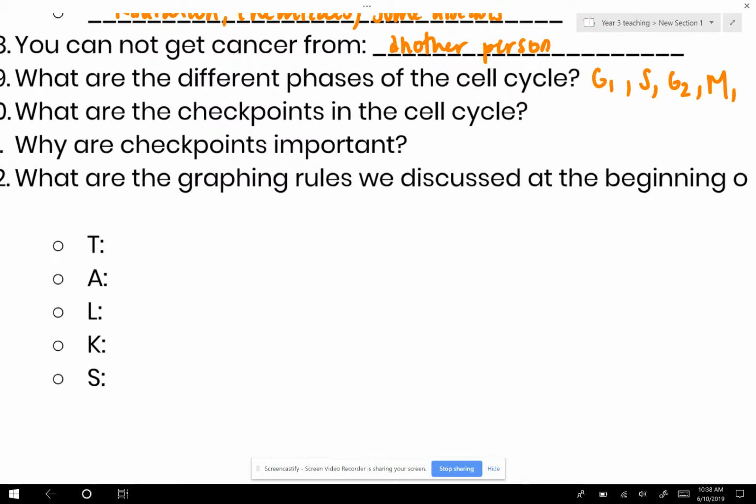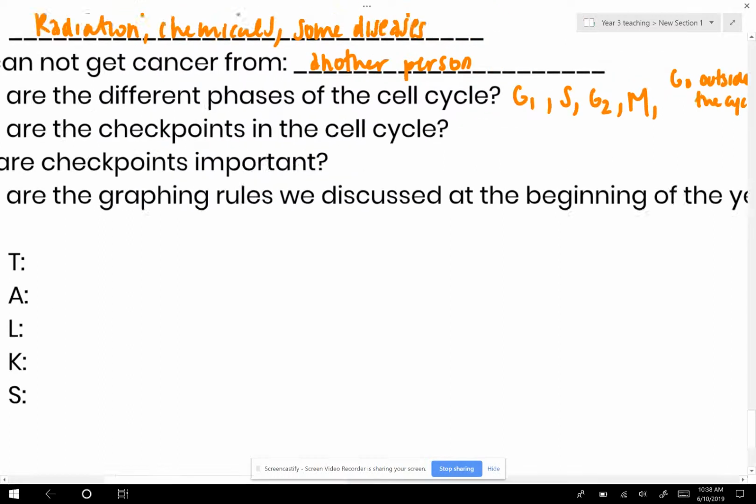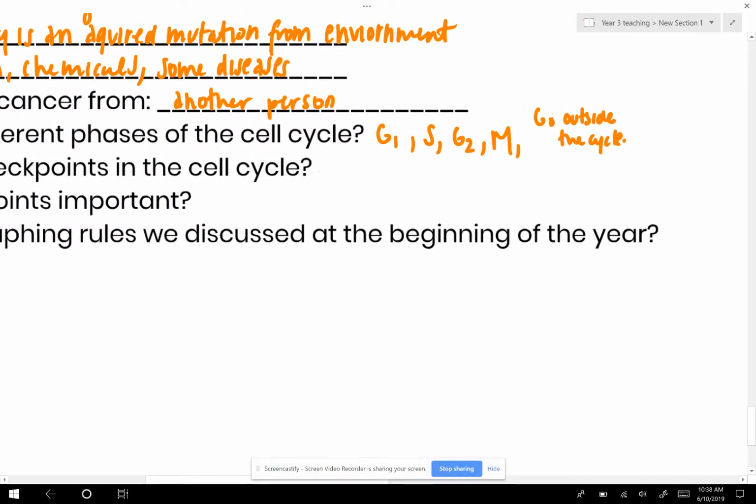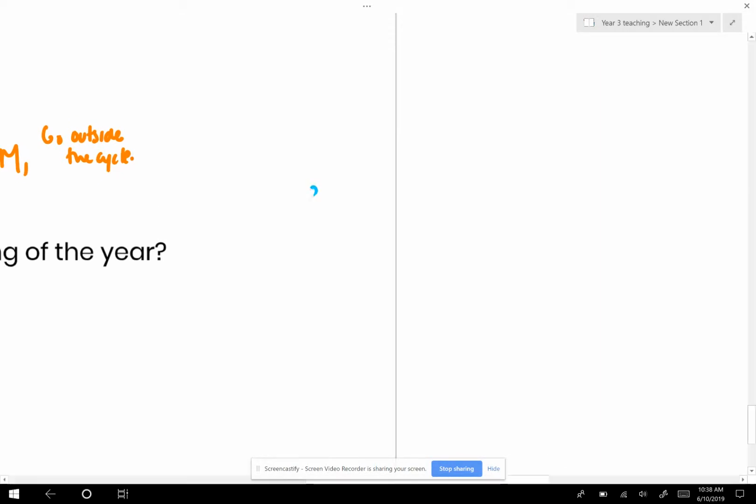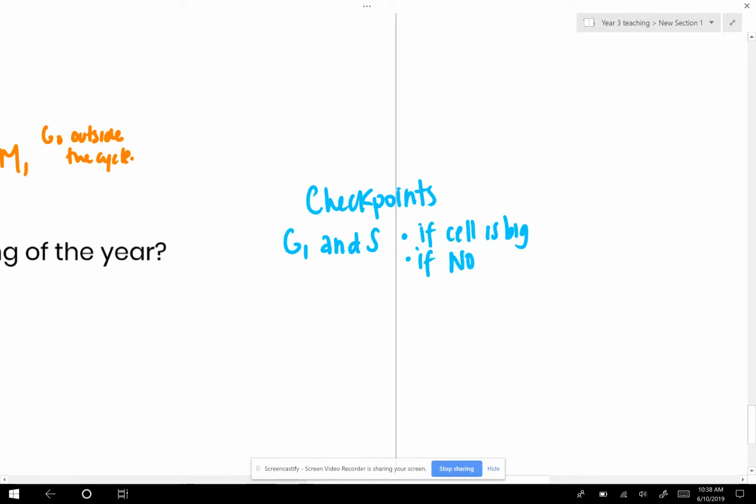Some of the things that happen is that there's a checkpoint between G1 and S. Some of the things that we look for is if the cell is big enough, and if there's no DNA damage.